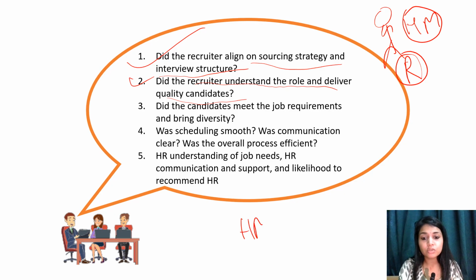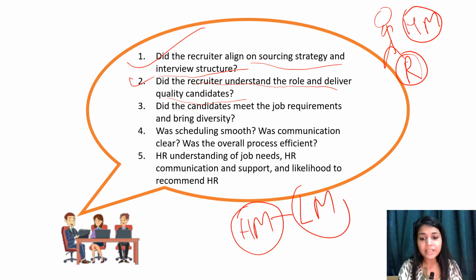One is the hiring manager, who is also called the line manager, representing the department where the person is going to join. And the recruitment team or recruiter is an HR professional who attracts, screens, and manages candidates through the hiring process. He does not do it for only one particular department; it is his job to do it for each and every department of the organization. So whenever there is a vacancy, a recruiter takes the responsibility of attracting, screening, and managing the candidates through the hiring process.